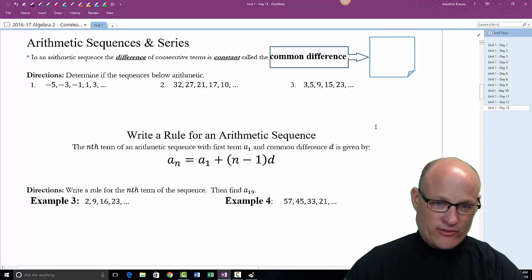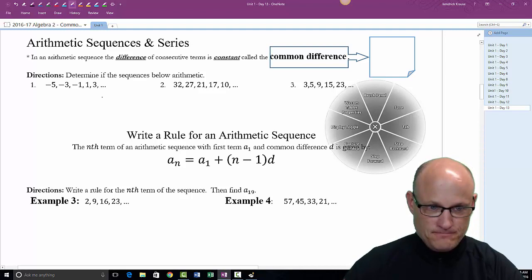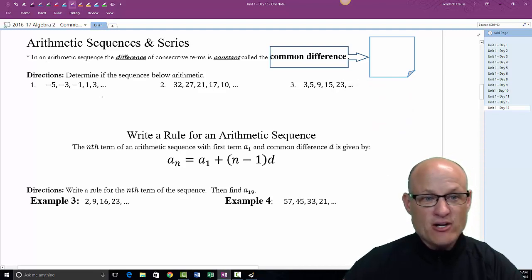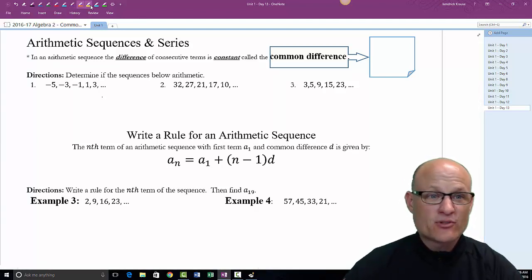So arithmetic sequences and series. In an arithmetic sequence, the difference of the consecutive terms is constant. That means it's the constant difference between each term, and we call it the common difference.